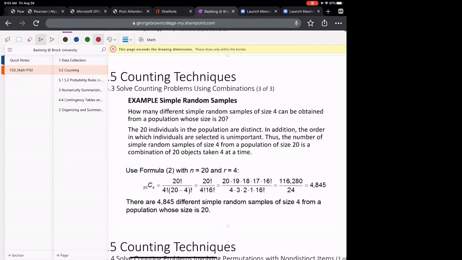If the question becomes, I want to select 4 students from 20 students, and I will assign positions to these 4 students: number 1, president; the second, vice president; number 3, treasurer; and number 4, maybe accountant. So I assign 4 different positions. In that case, you must use permutation because order matters.